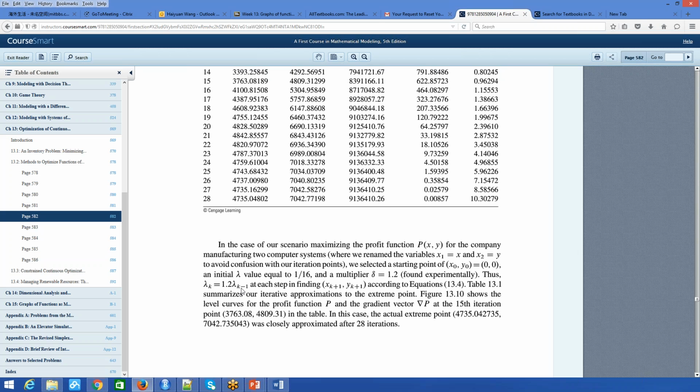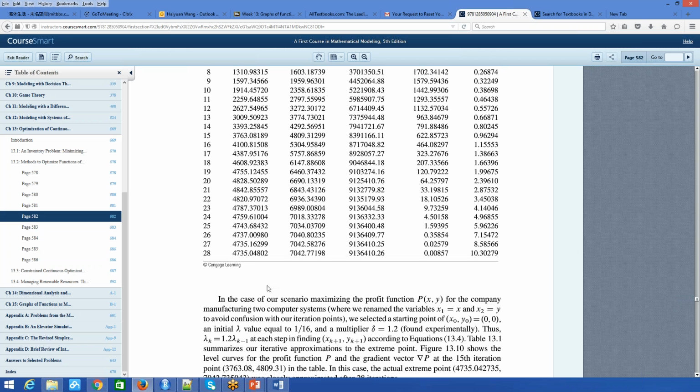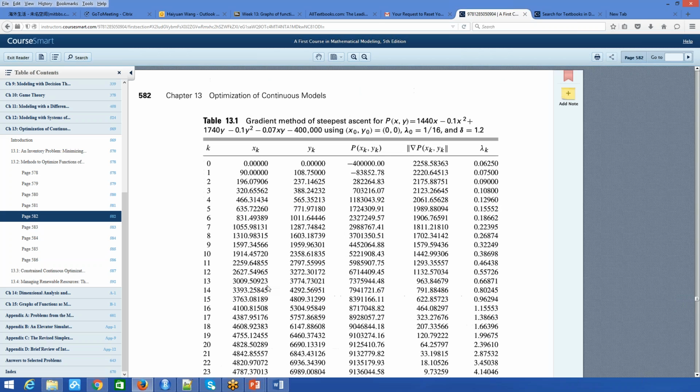No, I got that one. I'm asking how the delta p of x1 and y1 is calculated. This one, the fourth column, right? Okay, 1, 2, 3, 4, 5. Okay, 5.